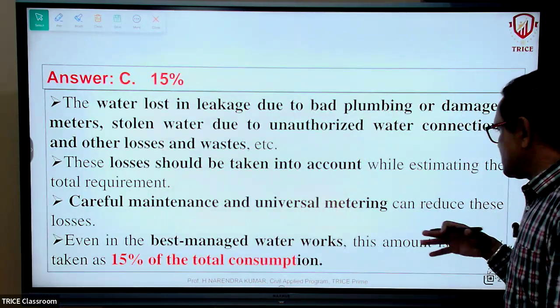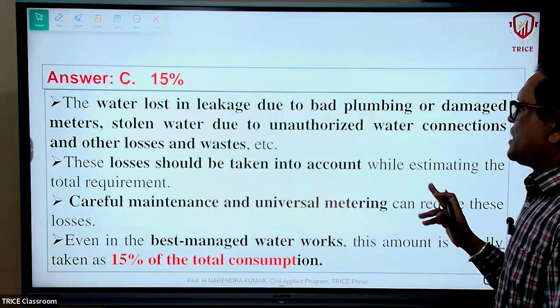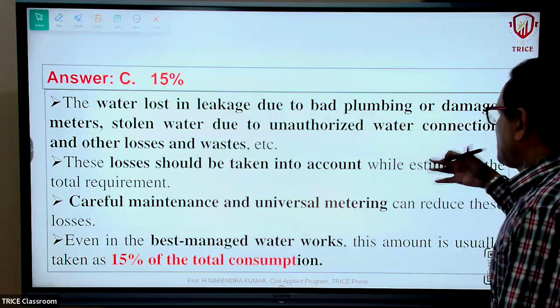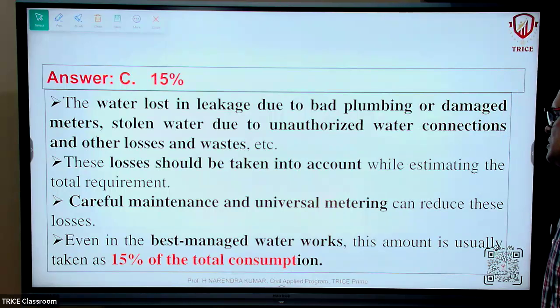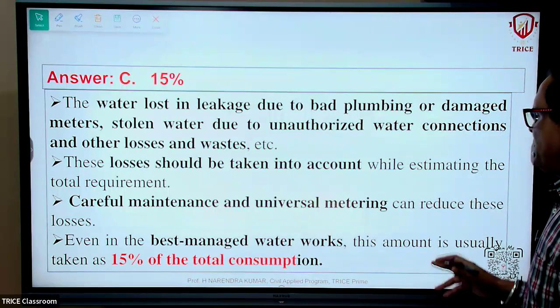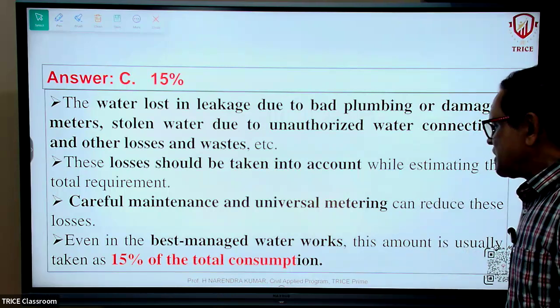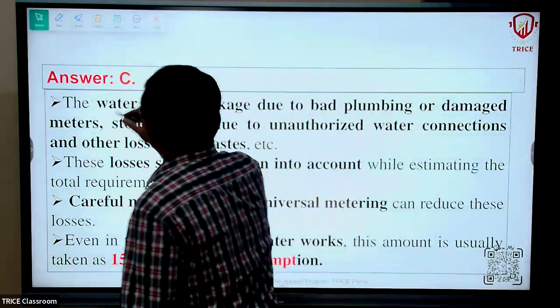It is not HNK's answer. This is given in our codal provision. The water lost in leakage due to bad plumbing or damaged meters or stolen water, whatever it may be, everything is taken into consideration. So we need to reduce that. For the best managed water works, this amount is usually 15% of the total consumption. So the right answer is 15%.